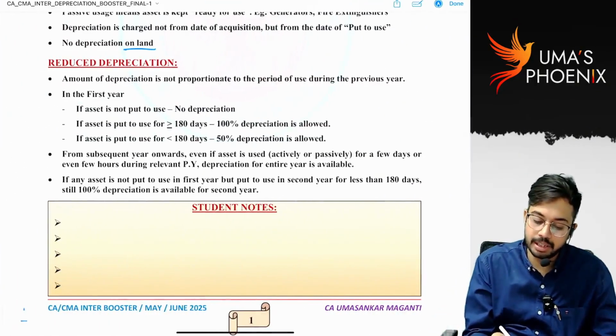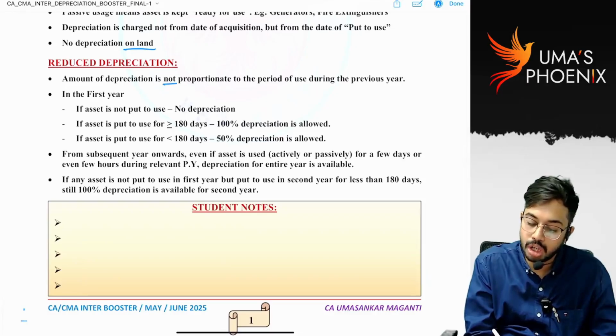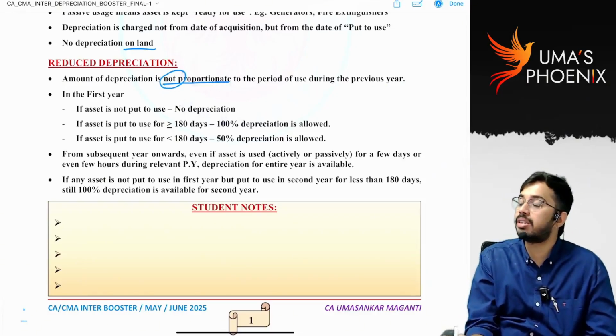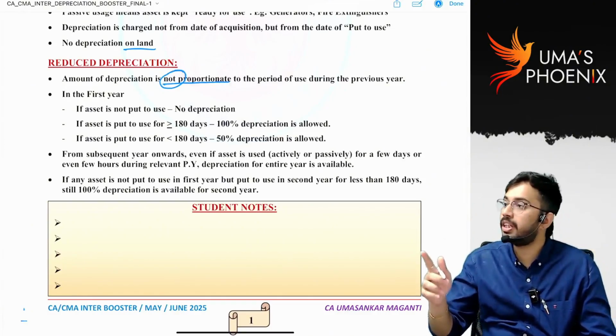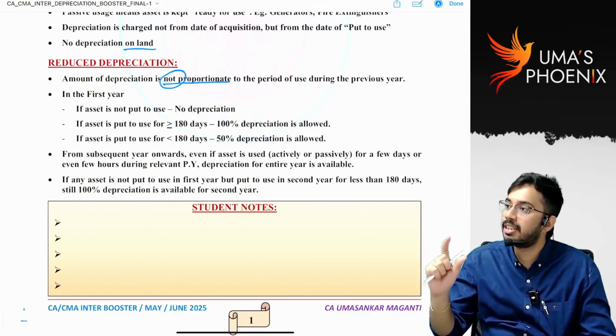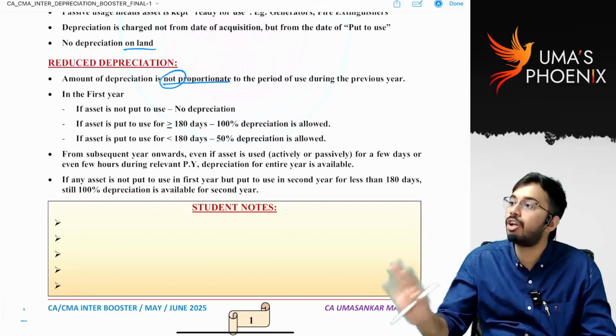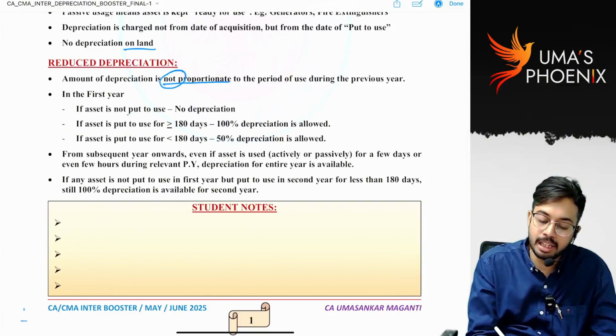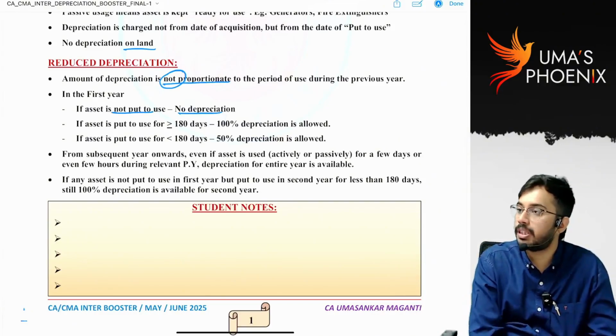So you can read this. Amount of depreciation is not proportionate to the period of use during the previous year, because the moment I explain depreciation, the first doubt students get is that, sir, it is not logical. I agree. Next, first year asset is not put to use, no depreciation.